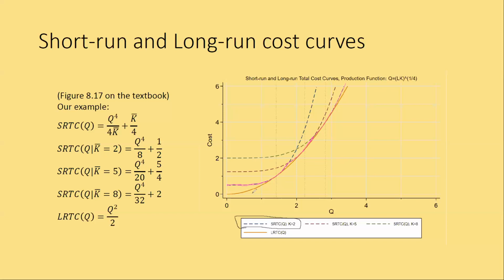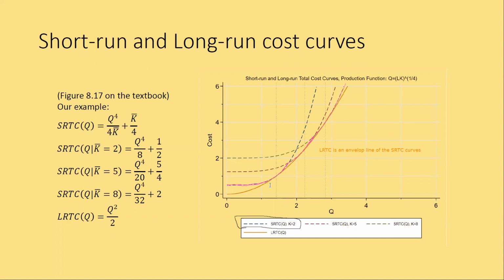And this solid orange line is what we call an envelope of the short-run total cost curves. So the long-run total cost is an envelope of the short-run total cost curves, because it takes the smallest value of all of those.